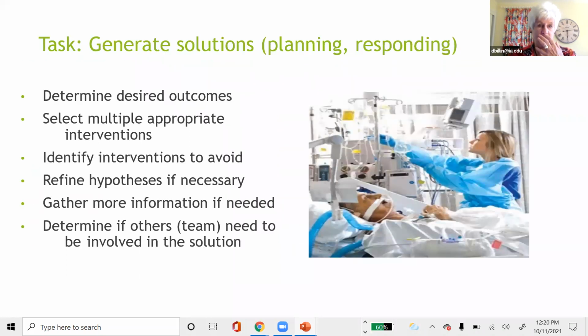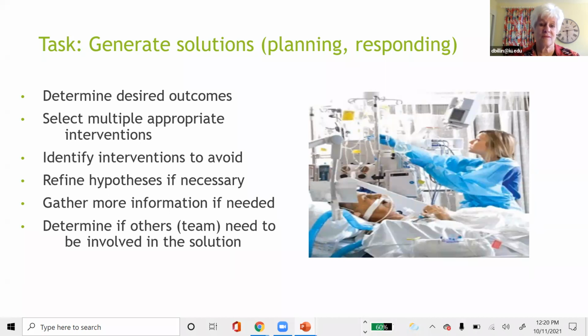So the next step after that is to generate solutions. In the nursing process, we know that is planning. And in Tanner's model, it's called responding. So here, we want the student to be looking at the desired outcomes and some possible interventions, things they're planning, things they shouldn't do, and things that they absolutely should do. And again, they're probably thinking about the priority. And then also a lot of nursing care involves a team.